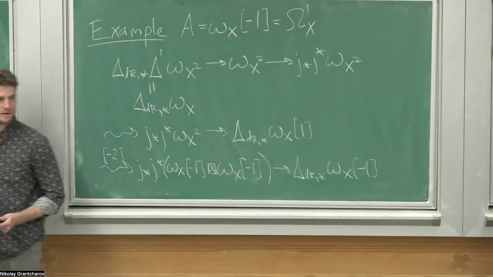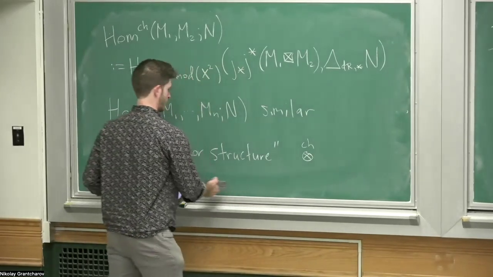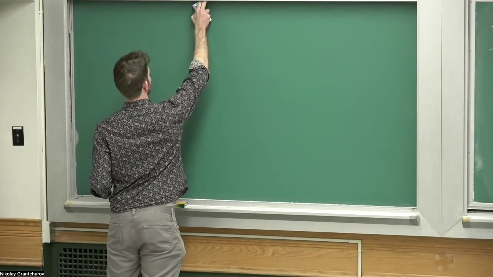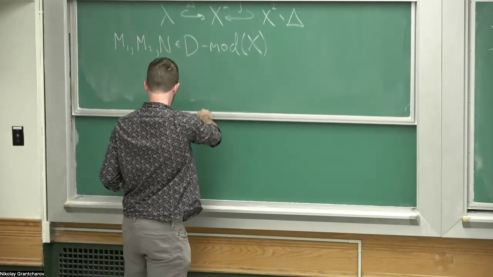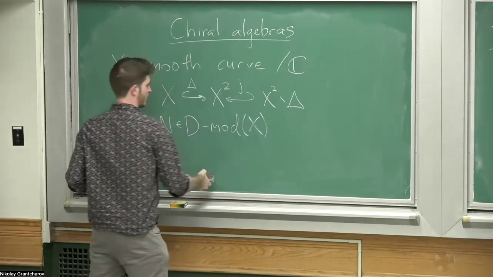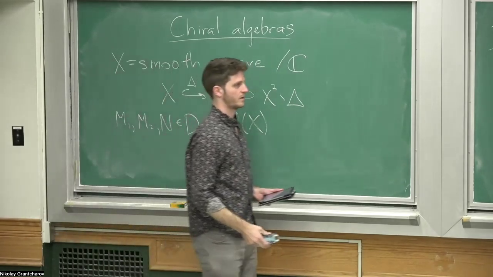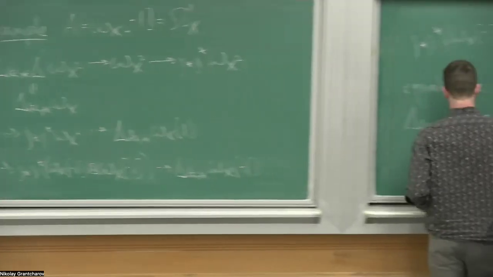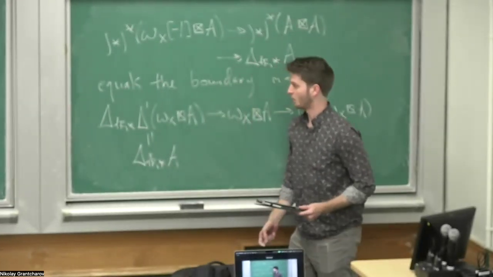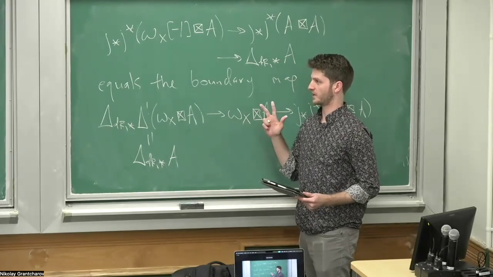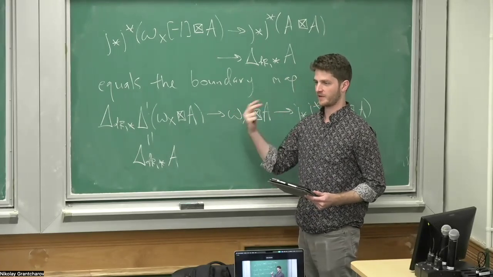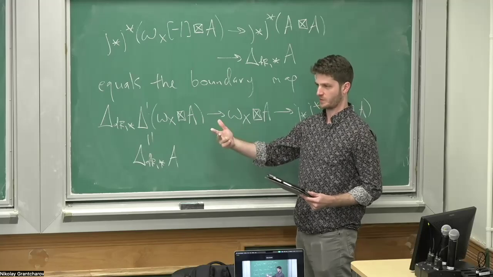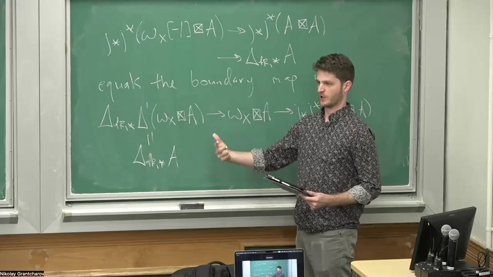Questions? Other questions about the definition? Okay, great. So I've defined unital chiral algebras. I gave one uninteresting example. Why do you want this map to be the boundary? What does that mean? Once I explain the equivalence with factorization algebras, they'll be equivalent to these things called factorization algebras, which are a certain kind of commutative algebra essentially.